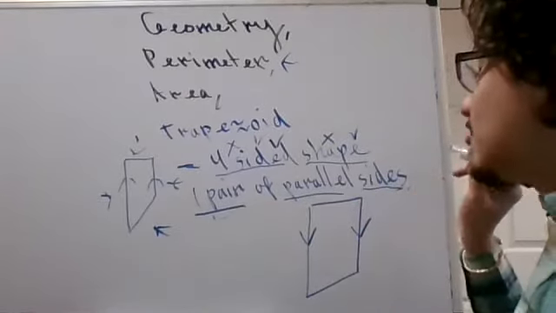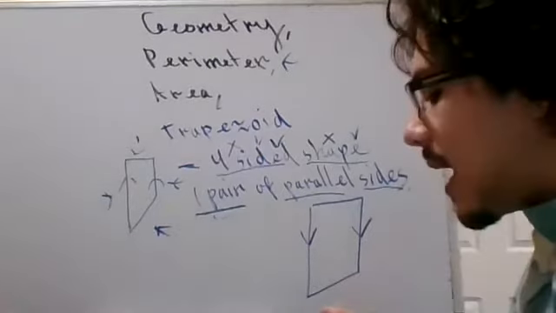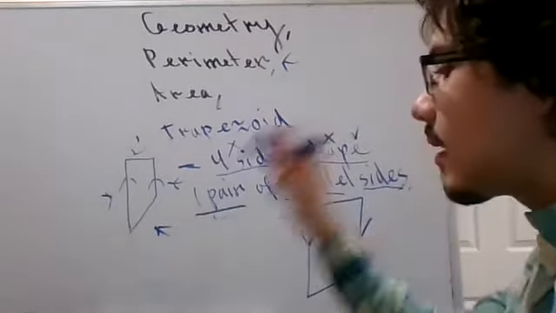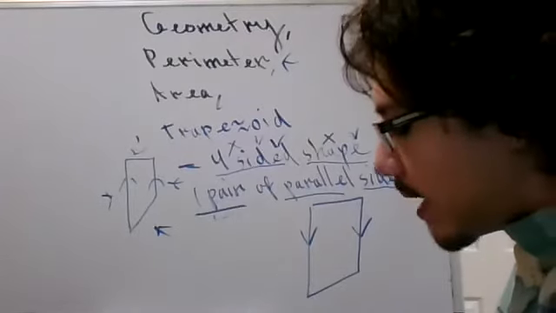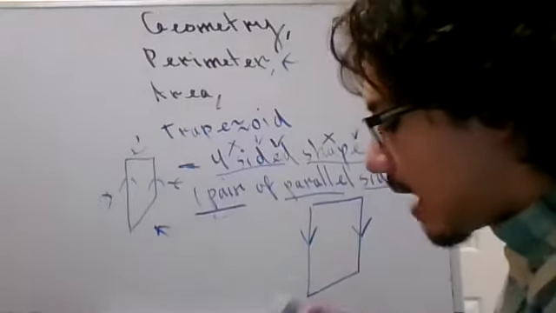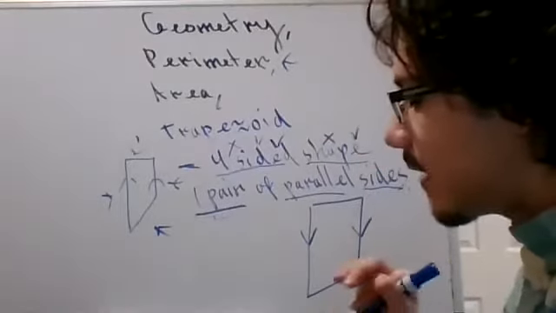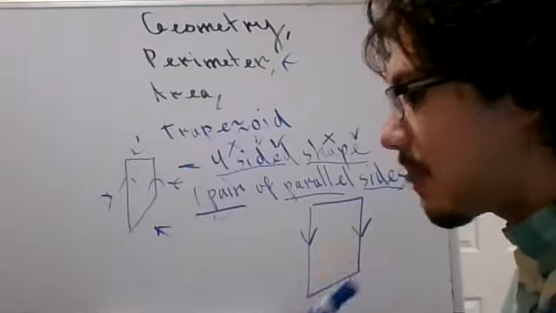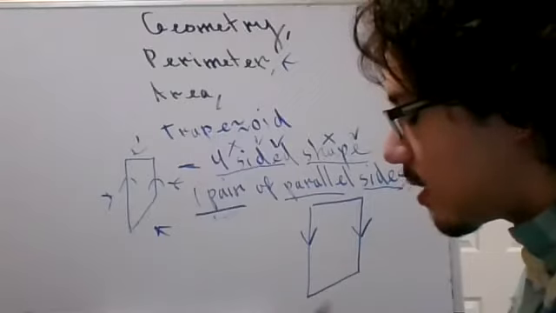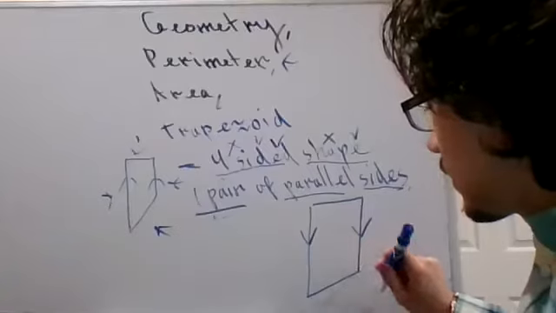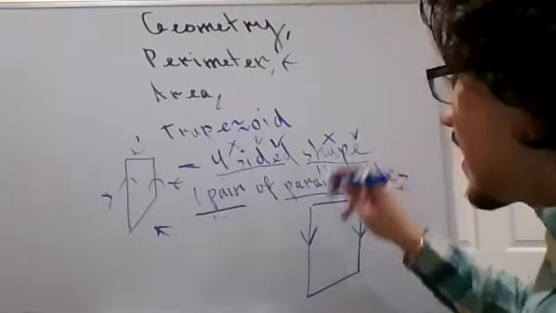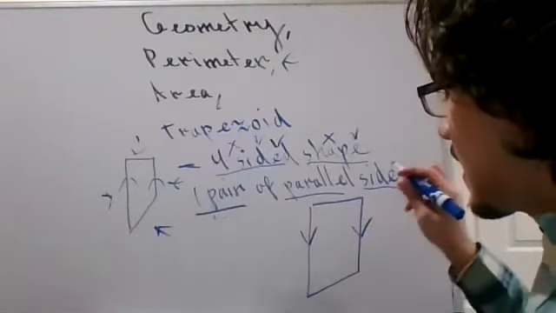And what we know about flat sides, as I have said earlier, is that every flat-sided shape can be measured in terms of triangles. So we need to break down this trapezoid into triangles.